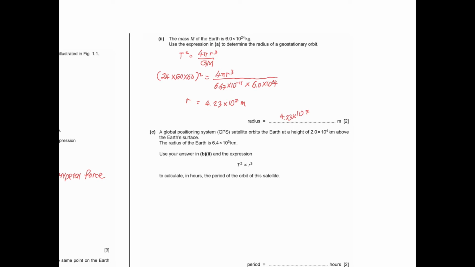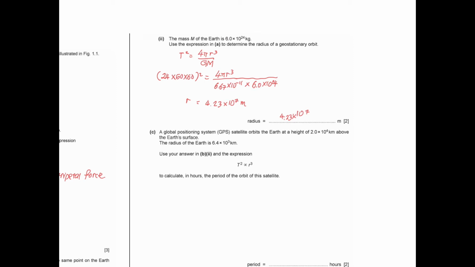So the radius of the Earth is 6.4 times 10 to the power of 3 km. Use your expression in B part 2 and the expression t squared proportional to r cubed to calculate in hours the period of the orbit of this satellite.